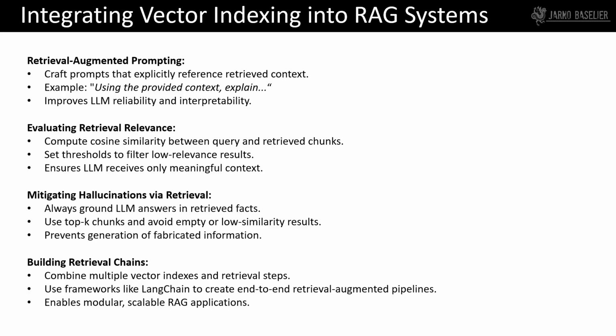We have to mitigate hallucinations through retrieval, so always ground LLM answers on retrieved facts. Use top K chunks and avoid empty or low similarity results, and this prevents generation of fabricated information.